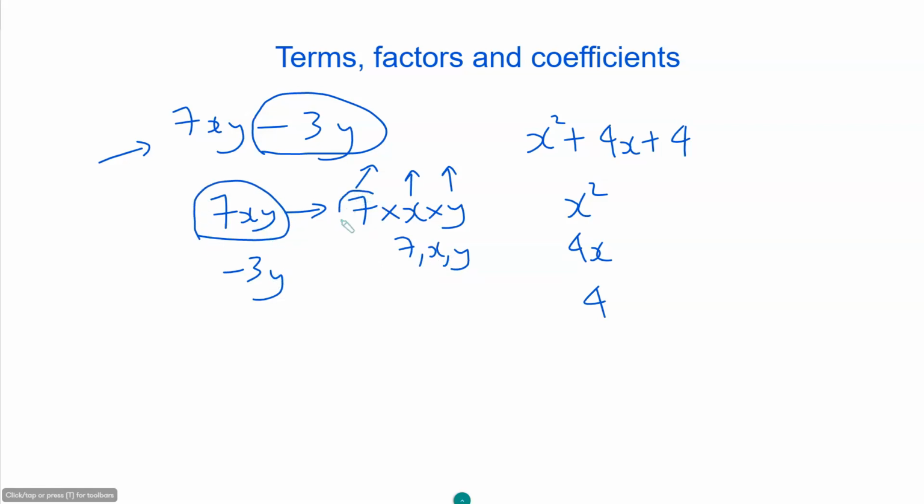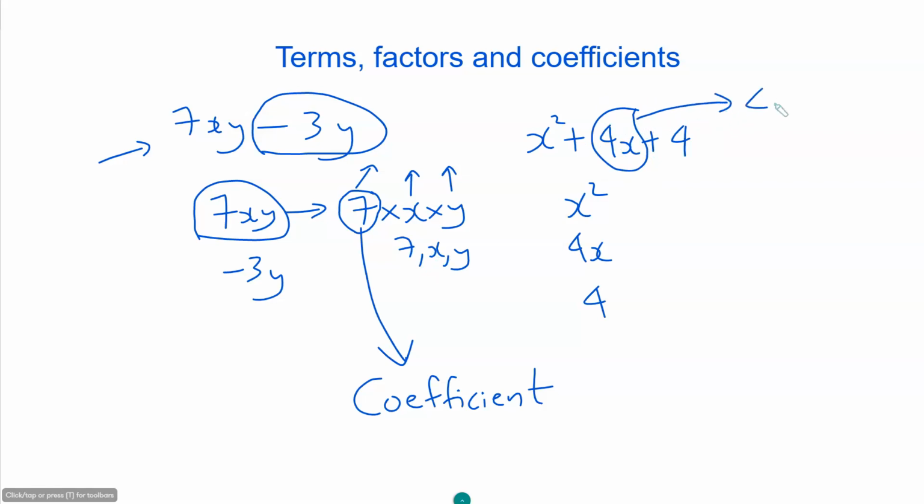And this numerical factor, the number in this term, is called the numerical coefficient. So this 7 has a name. It's called numerical coefficient or just coefficient. So coefficient is the numerical factor in the term. If you look at a term like 4x, the coefficient of that term is 4.